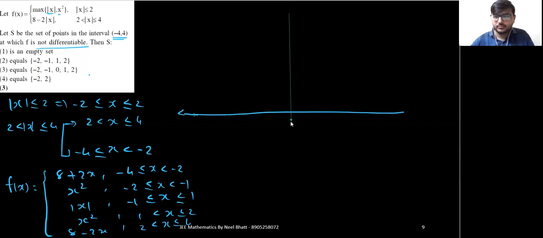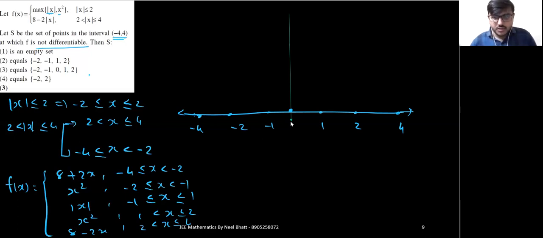Okay, so here the points are -4, -2, -1. This is 0, 1, 2, and 4. Now let's plot the graph.